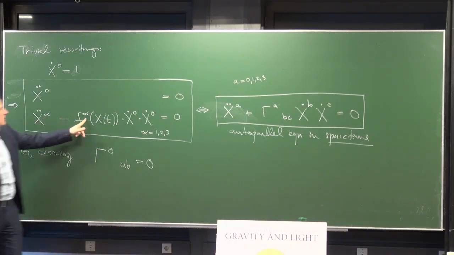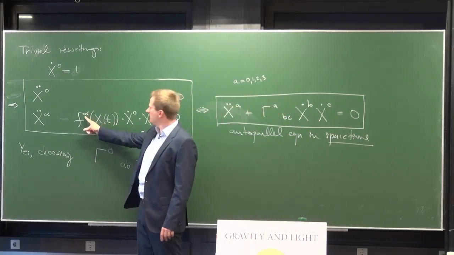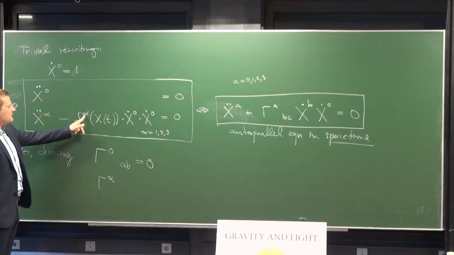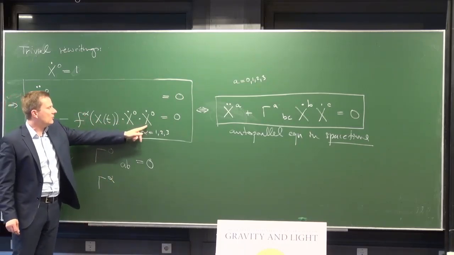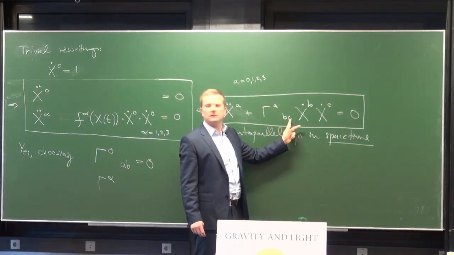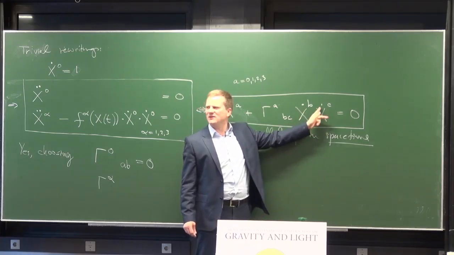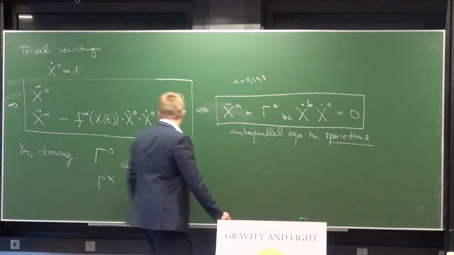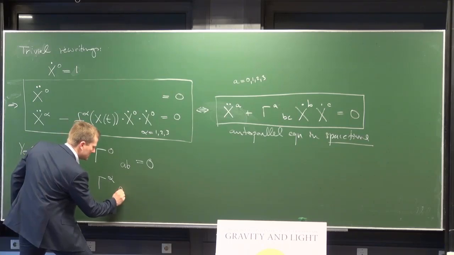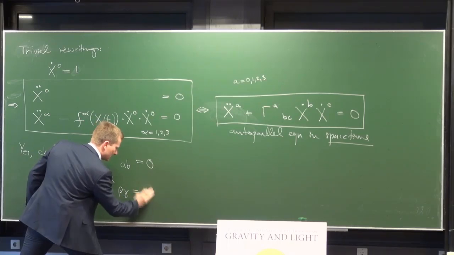Now let's look at this one. How do I have to set the gammas that have an alpha up? Well, if they have anything down that's different from 0, alpha up, say 1, 1, then it would produce a term x1 dot, x1 dot, and that's not good. All of those alpha up and beta gamma down must be 0.